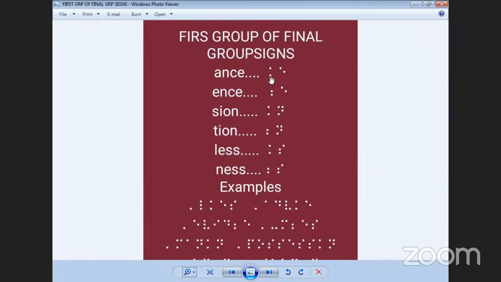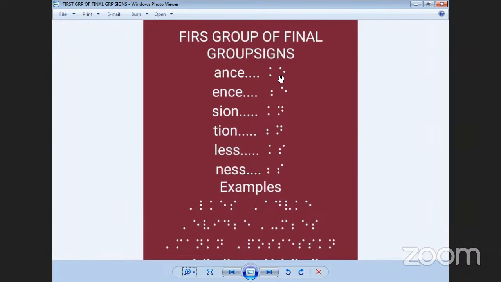Yes. Which dots make ance? Dots 4, 6, and E. Dot 46E, giving us ance.